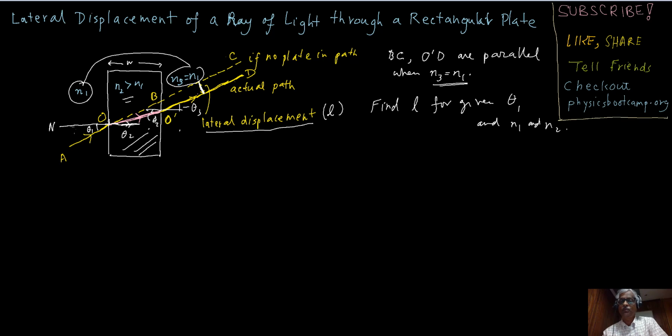Okay, so what will be my strategy? My strategy is based on finding this. If you look at this area, you have the original direction and the actual direction, and this distance is W. Over here, this is the path it takes.